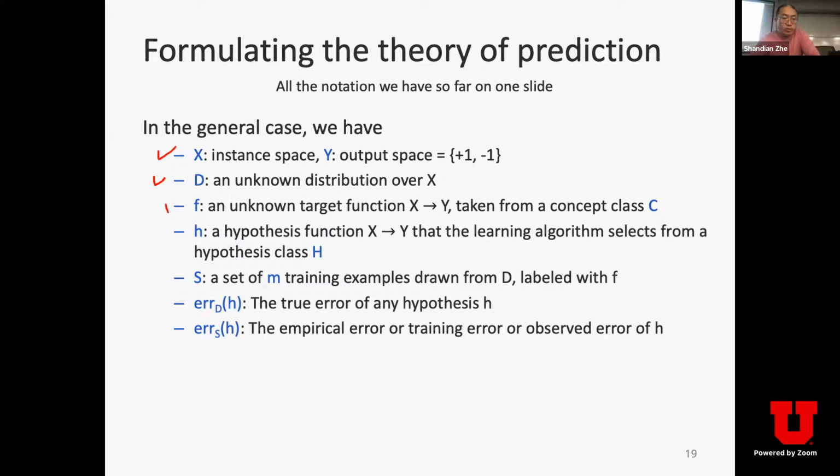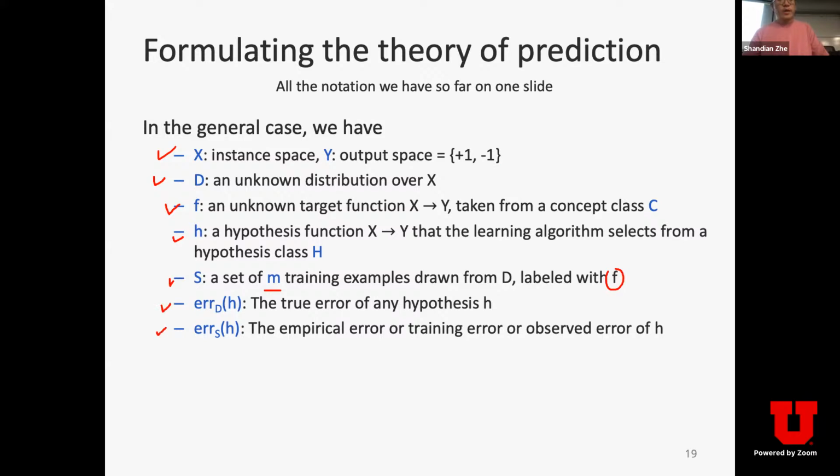We have some unknown target function, which gives the ground truth label, and comes from the concept class C. We have a hypothesis from a hypothesis space, which is learned by our machine learning model. And we have a set of training examples, which we denote as S, with M training examples, and the labels are given by the target function f.